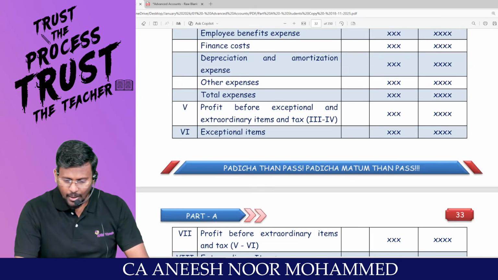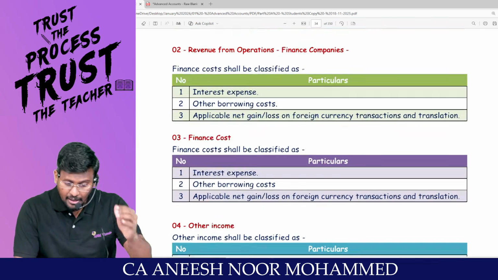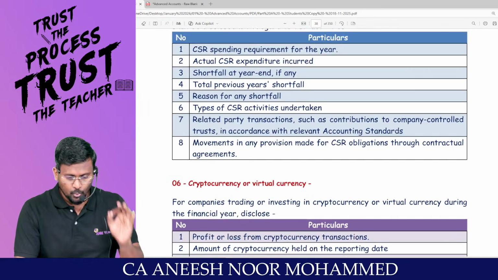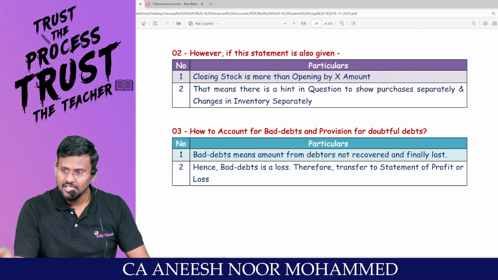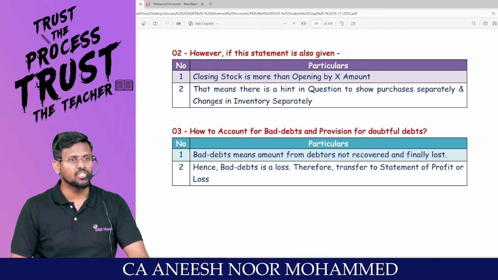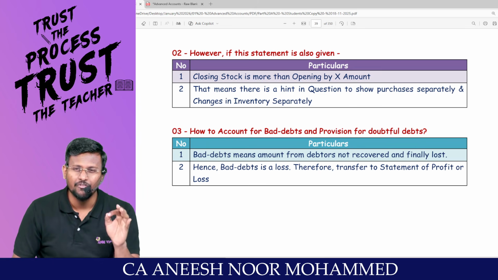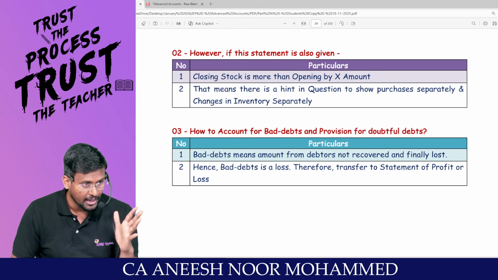We'll be looking at the format of the P&L as per Schedule 3. Even in the P&L, we'll look at the individual items one by one. With this background, if you enter into the sums, you will be able to appreciate and understand the sums in a much better way. Otherwise, you will feel this is just a format and you will never be able to tally it.